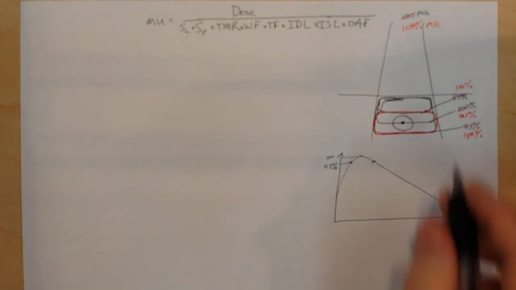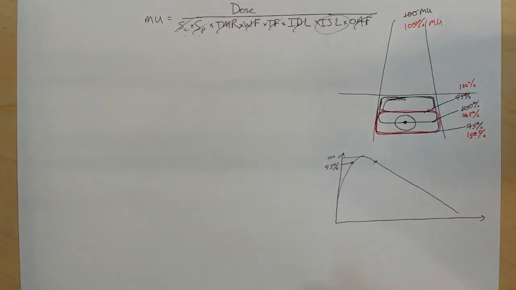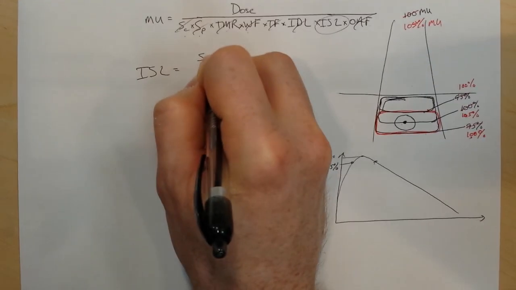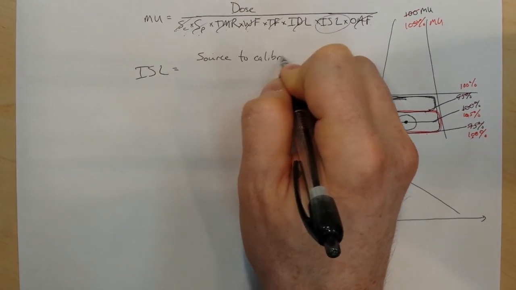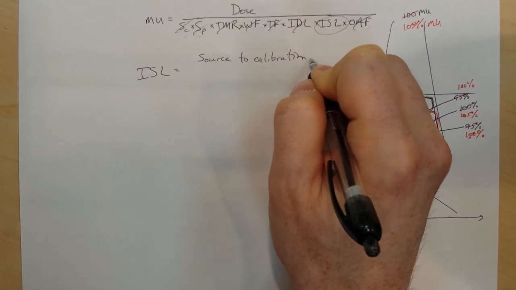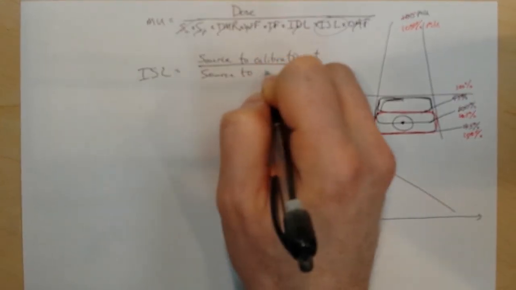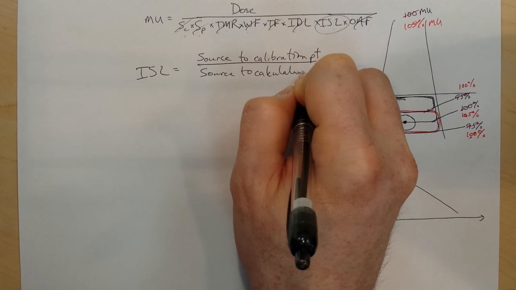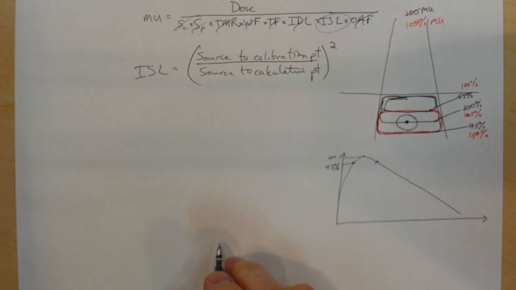The next thing is going to be the inverse square law. So let's see, we've done this, we've done that, we've done this. Last one is inverse square law. So inverse square law is going to be source to calibration point divided by source to calculation point, squared.